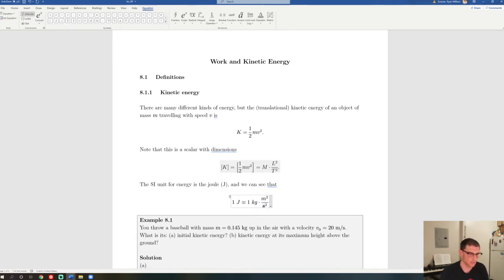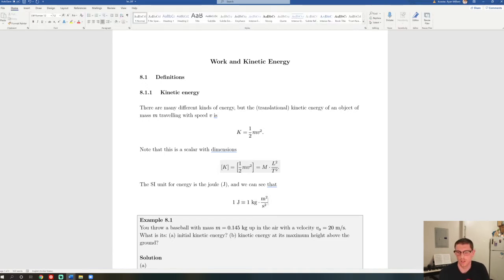So let me just fix these italics, because units should not be italicized. And there we go.